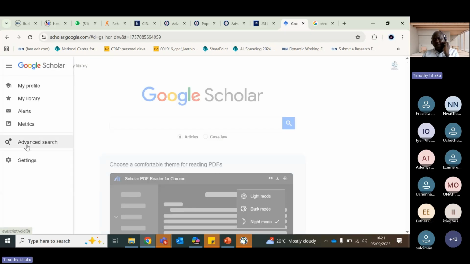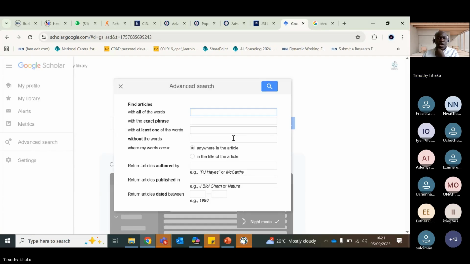Google Scholar has an advanced search. For those that don't know, you can use the same advanced search with all the words stroke. Or maybe let's say dual tasking.